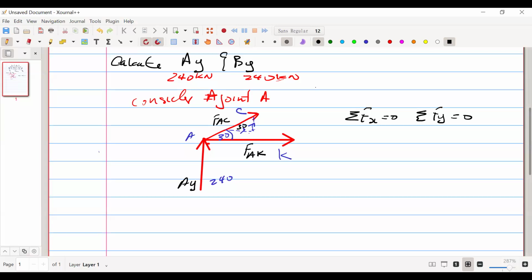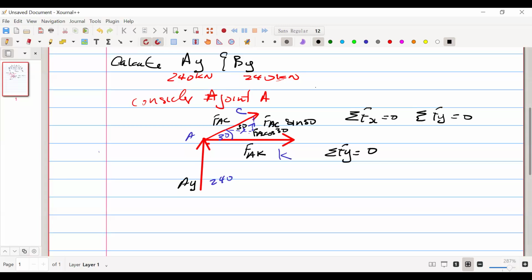So here now, if I'm doing the sum of the forces in the Y equal to 0, then I would write this equation. For this one, this is sine, so it is FAC sine 30. And for the horizontal one, the next one will be FAC cos 30.